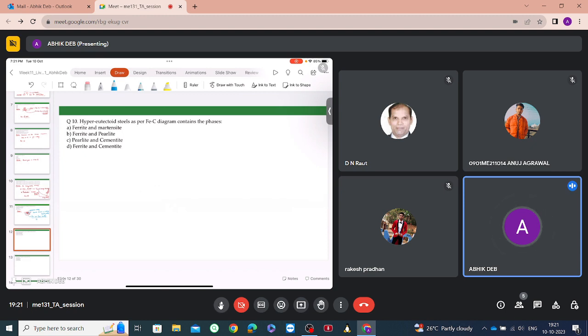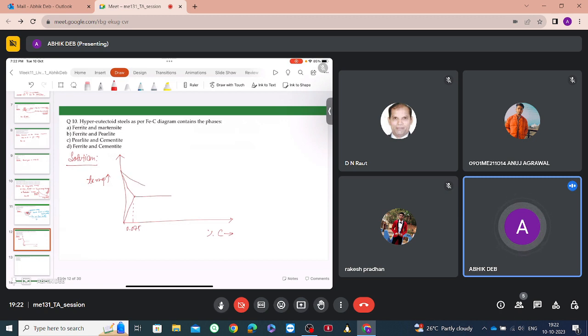So if we draw the diagram, just a rough diagram, because you will find this in most of the textbooks, and this is the percentage carbon content. First we reach this point, which is very low, 0.075%.